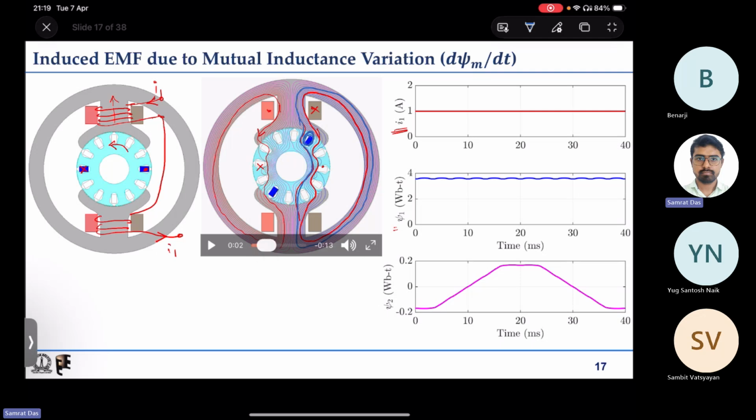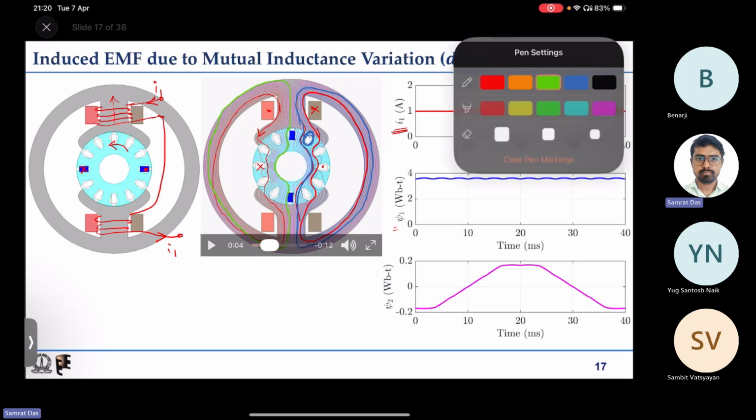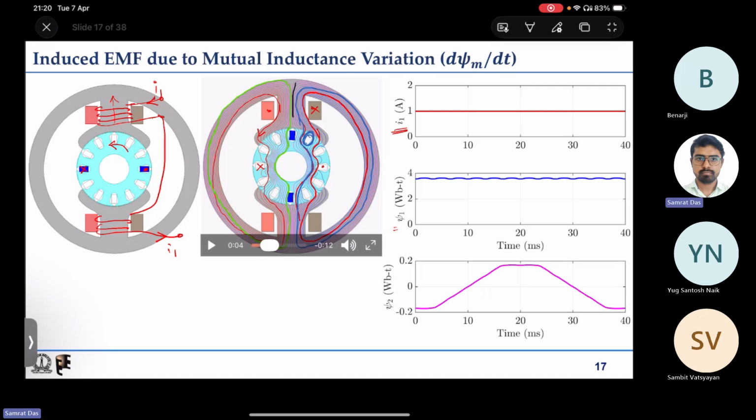and as the conductors become vertical, if I indicate one flux line on each side, so this is the innermost flux line, or the outermost flux line in terms of the yoke, and on this side you have the flux line like this, the black flux line.